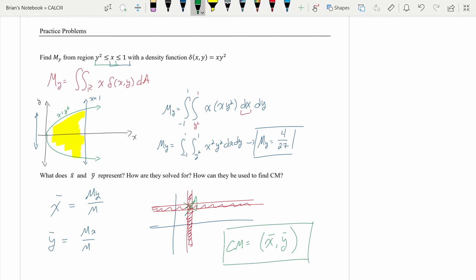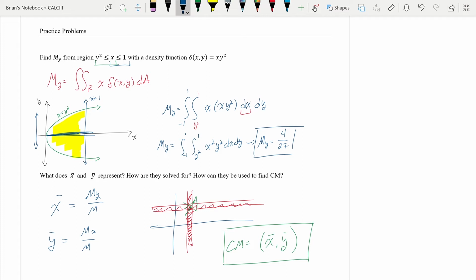So sometimes, like we talked about in lecture, you can find x bar or y bar pretty easily if the shape is symmetric and if the density is symmetric. So like what we talked about, if we have a line right here, if we see that the shape is symmetric, we can automatically say, okay, maybe the mass will be symmetric.